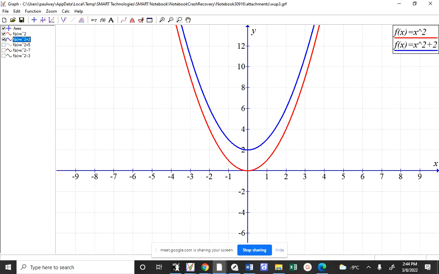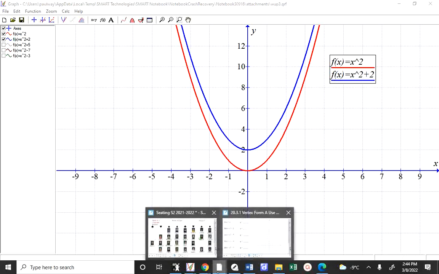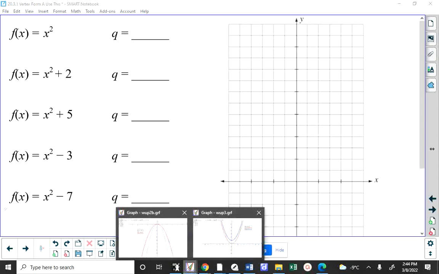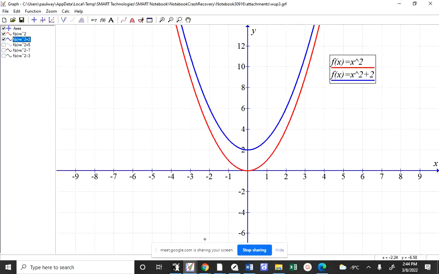The legend is up here. What's the next one? The next one is x squared plus 5. Well, look. It's a pretty simple rule to follow. If x squared plus 2 shifts x squared 2 up, x squared plus 5 shifts it up 5.